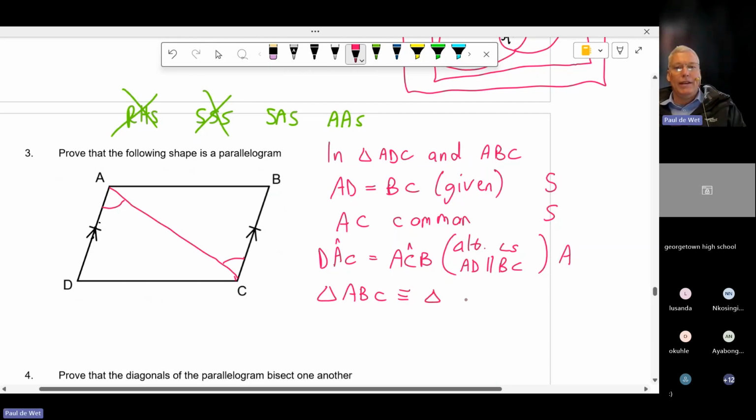CDA. What's my reason? Side, angle, side.